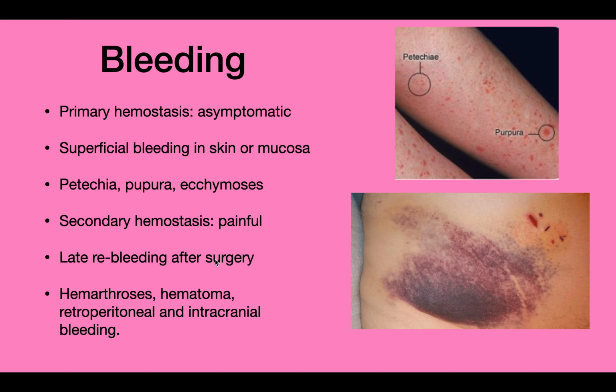They can be overworked basically, and then they get dilated, and then they burst, and then you get a big old bruise. So the important ones you've got to be careful about is blood in the joints. That's bad. Retroperitoneal and intracranial bleeding, of course, because this can be peritonitis, very hard to treat, and this can lead to cerebral edema, pressure on the brain.